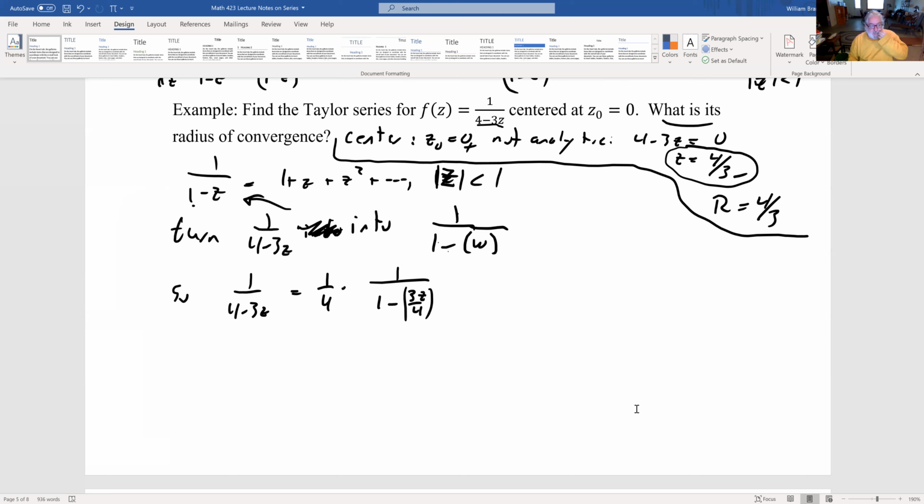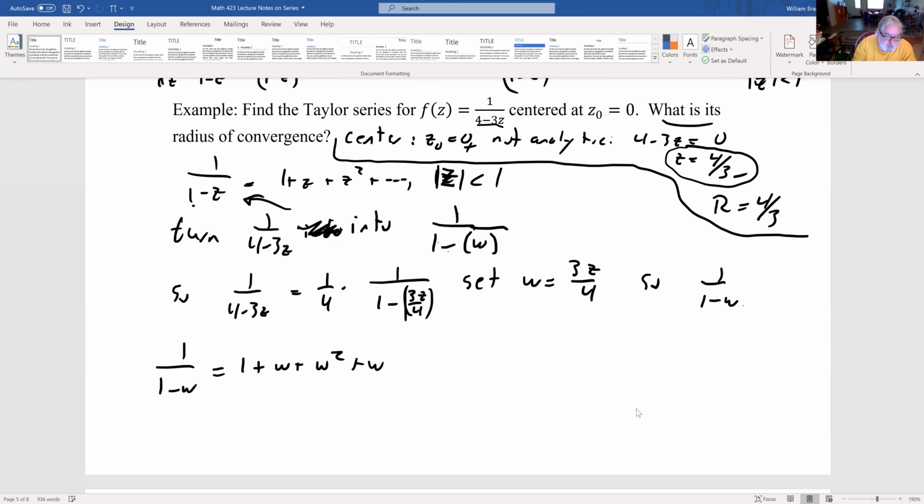And that's worked out pretty well, right? Because now I've got the right form. It's 1/1 minus something. So I'll set w equal to 3z/4. So I have 1/1 minus w. What do I know about 1/1 minus w? 1/1 minus w is equal to 1 plus w plus w squared plus w cubed plus dot dot dot for the modulus of w less than 1.